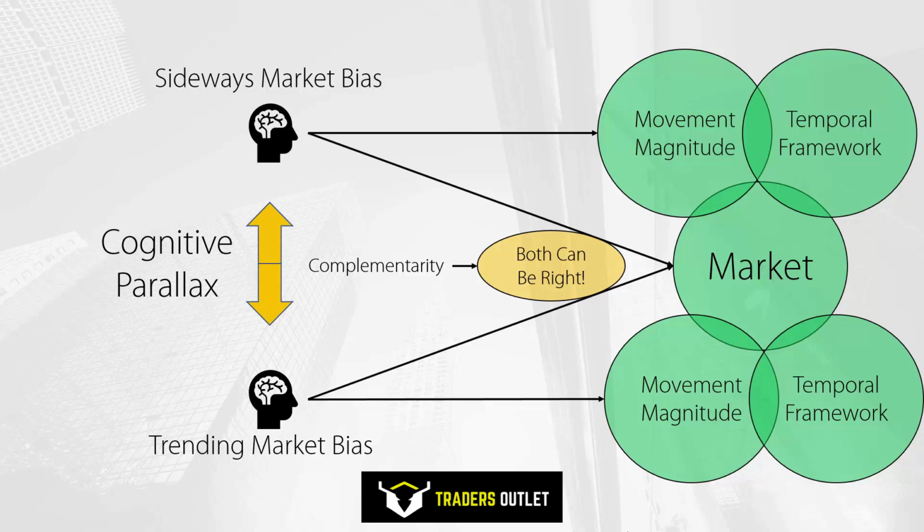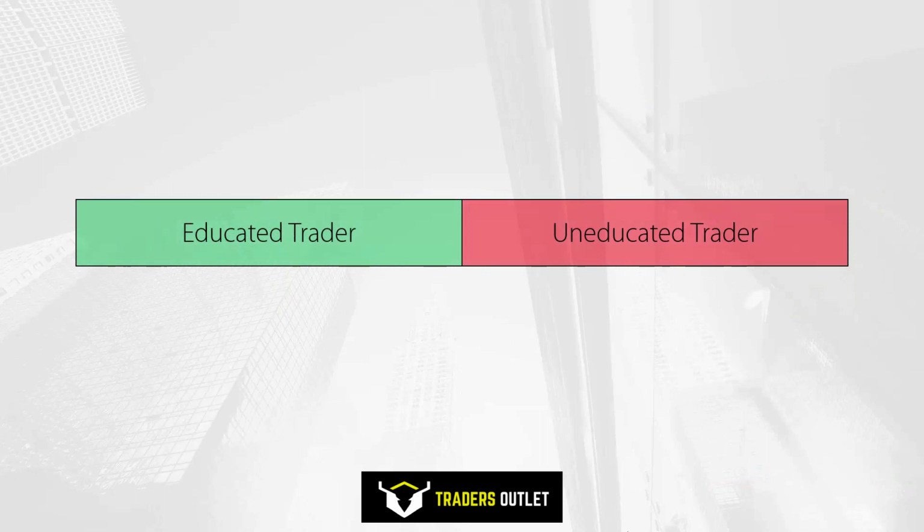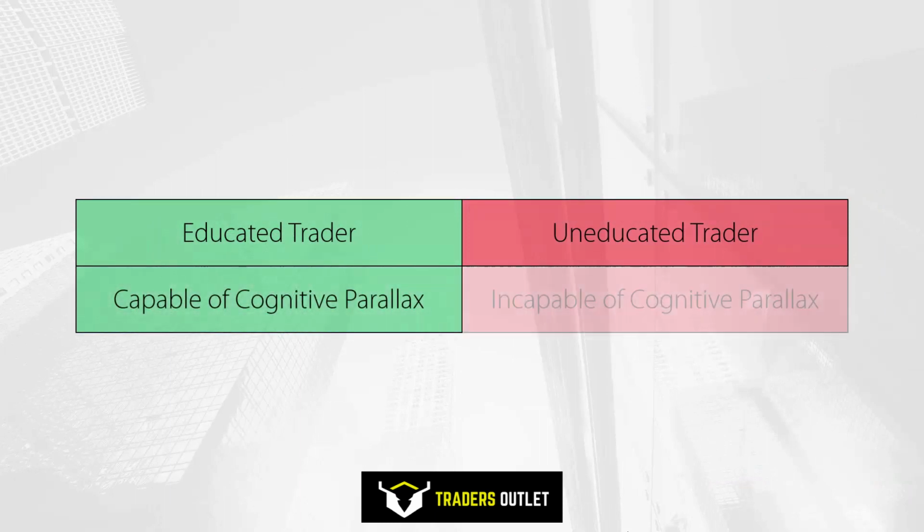This weird effect of cognitive parallax is quite useful because it gives the trader the possibility to recognize a good trading opportunity in many ways. This ends up increasing the likelihood of success of an educated trader. By the same token, this decreases the likelihood of success for the uneducated trader because this whole idea can become quite confusing in practice.